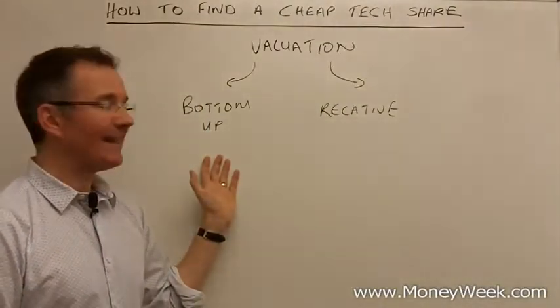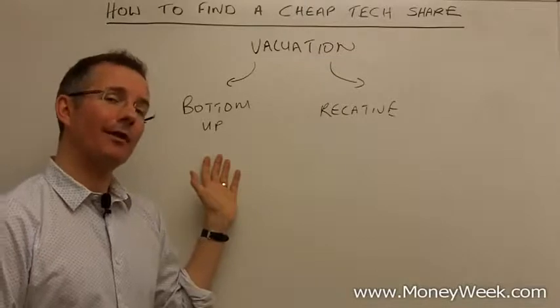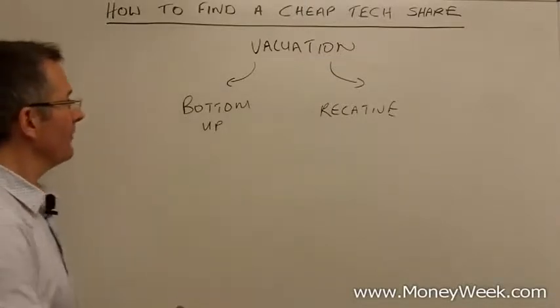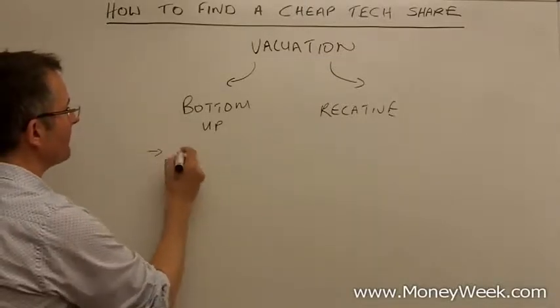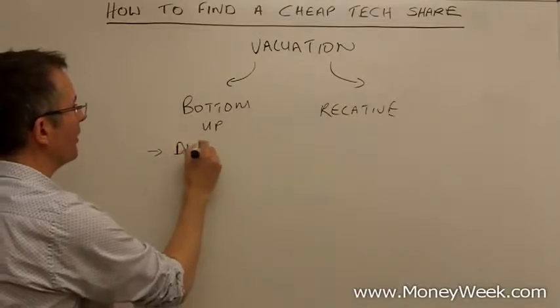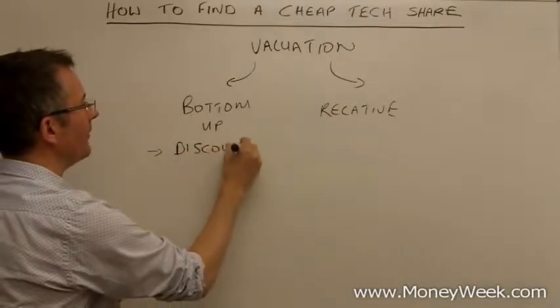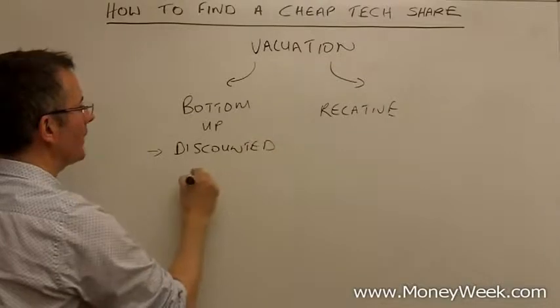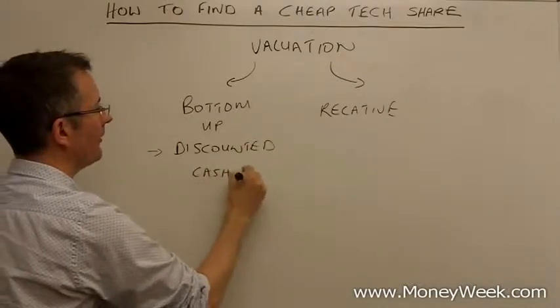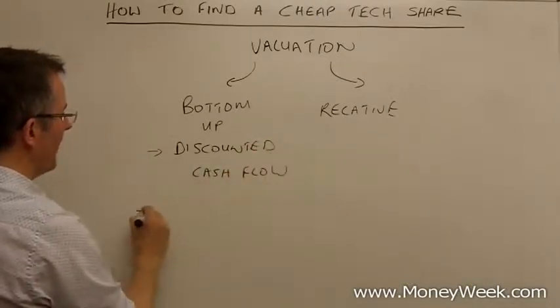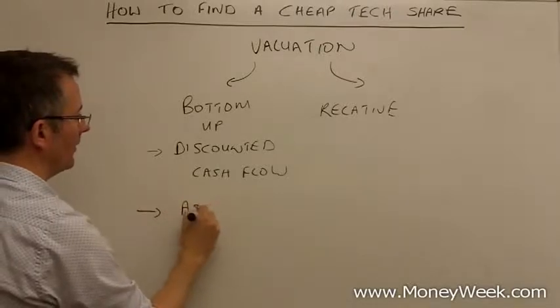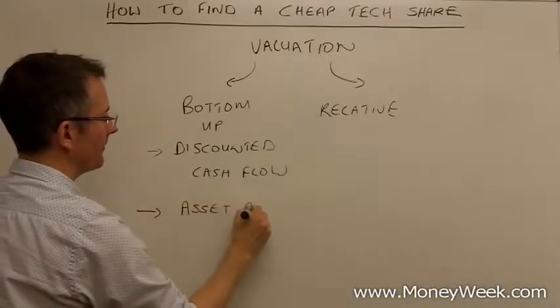Now, this is a little bit tough and a little bit unsatisfactory for tech stocks, because two basic techniques. One, what's called, rather grandly, discounted cash flow, or DCF. And then the other one I'll call asset-based.